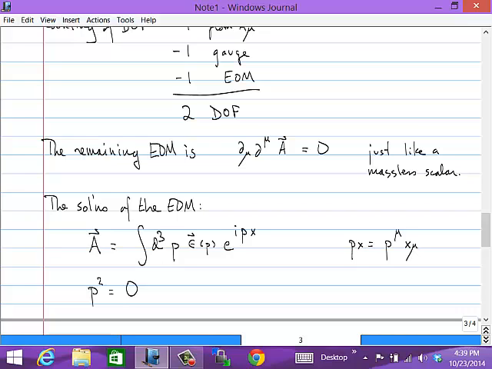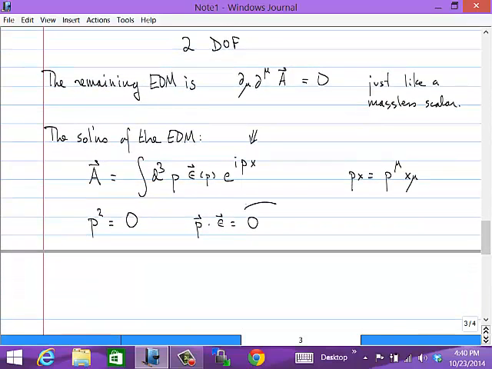And the only constraint is that del dot A is equal to 0, which implies that if you take the derivative of del dot A of this equation here, then the derivative will bring down a factor of p from this exponential. So this will be a solution of the equations of motion consistent with the gauge condition that del dot A is equal to 0 if p dot epsilon is equal to 0.